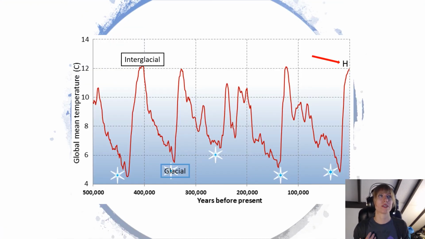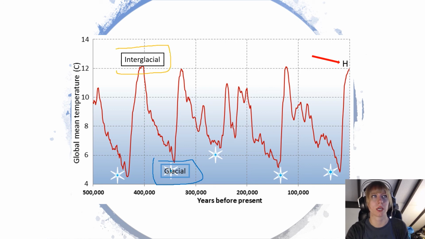So, to help hit home what is going on, the Earth does have natural cycles of glacial periods and interglacial periods. Okay, glacial meaning we have glaciers that have come down and taken over a lot of the continent. Interglacial meaning the glacier has receded.